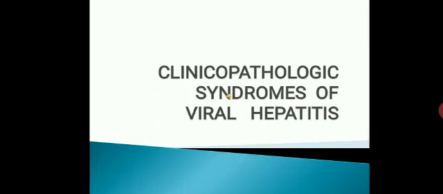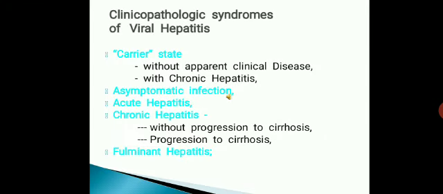Now that was about the different types of hepatitis virus. Now we will discuss the clinico-pathological syndrome of viral hepatitis. Viral hepatitis can present in different states. It can present as a carrier state without apparent clinical disease or with chronic hepatitis.